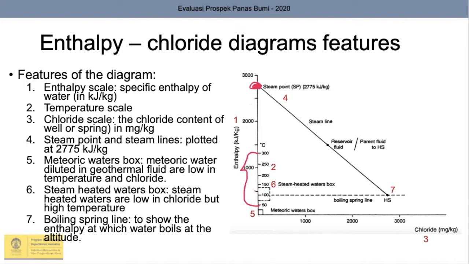This is the standard box where we collect the steam. Point number 7 is the boiling spring line, the dashed line here. It actually shows you the enthalpy at which water boils at the altitude. So here at normal altitude, we have water boiling at 100 degrees Celsius and usually at 1 atmosphere pressure condition.